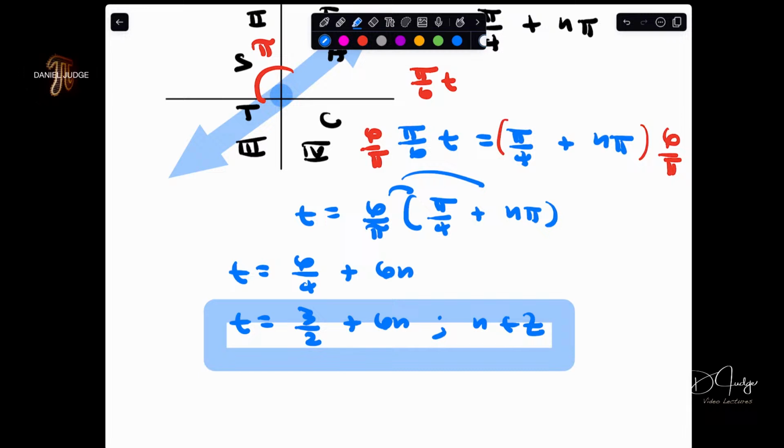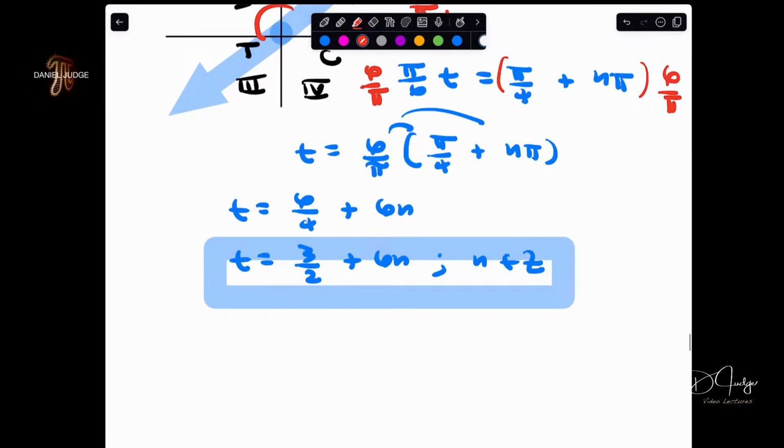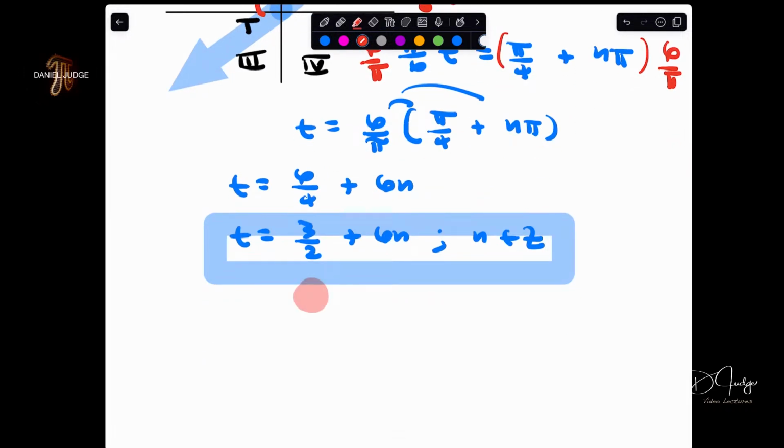So you might say, but Mr. Judge, isn't t supposed to be from 0 to 2? Yes. Let's see how that works. So your particle stops, ladies and gentlemen. Now, when n is 0, t is 3/2.